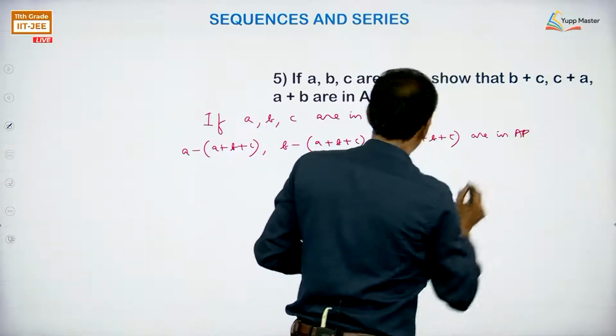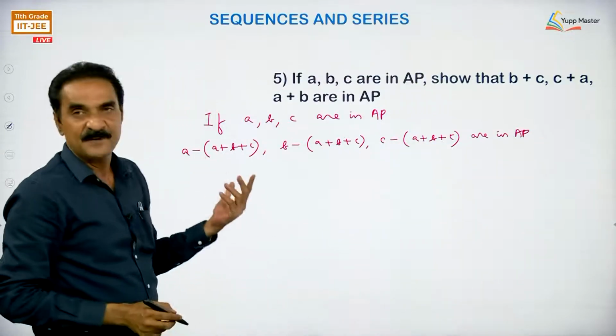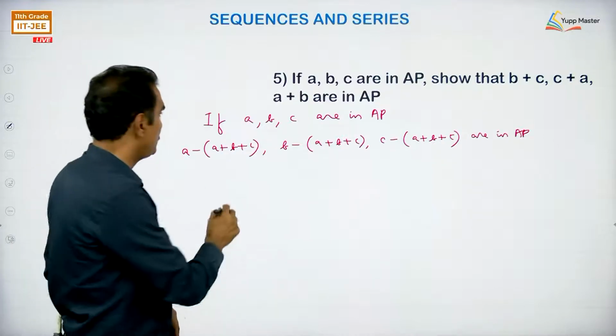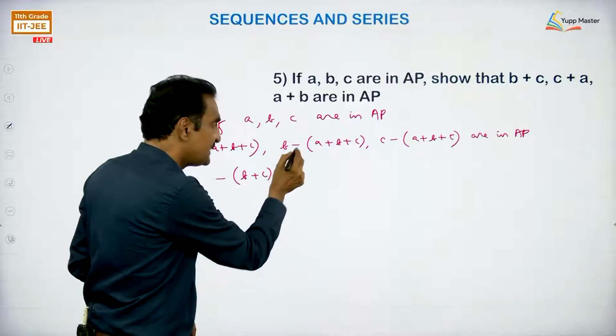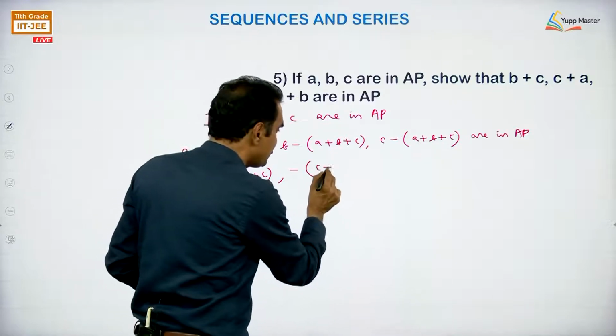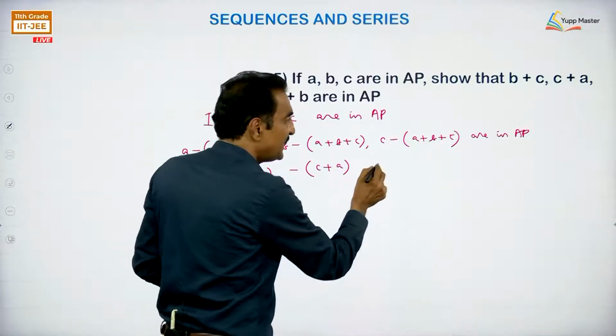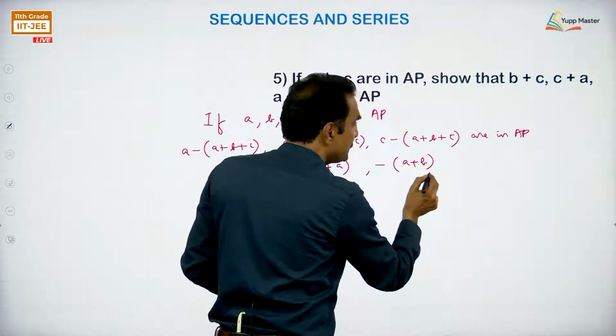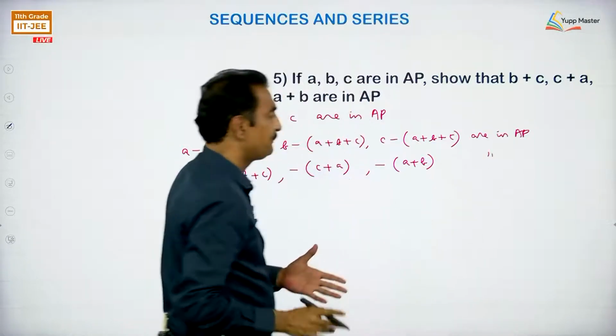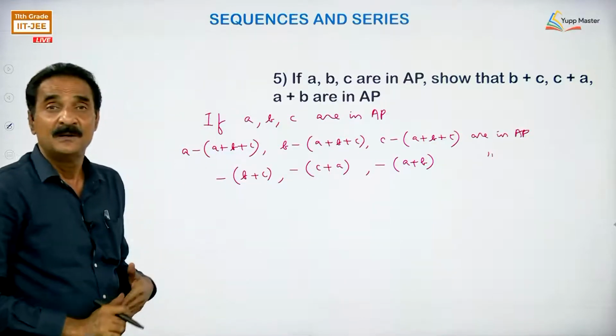Now, what is this? A minus of (A plus B plus C) is minus of (B plus C). This is minus of (C plus A). This is minus of (A plus B). Alright, are in AP. Now what will I do?